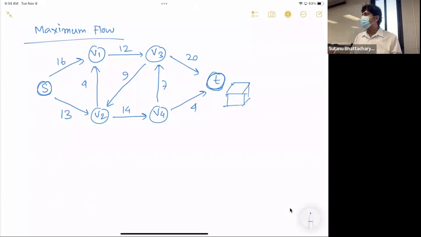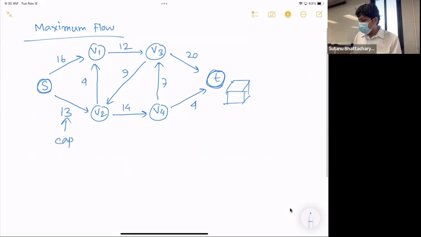So all edges you may consider as pipes. This edge weight, 13, 14 or something: in the case of shortest distance, the edge weight represents the cost of each edge. Here, each weight is the capacity.